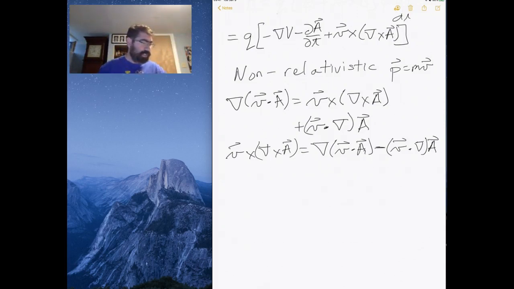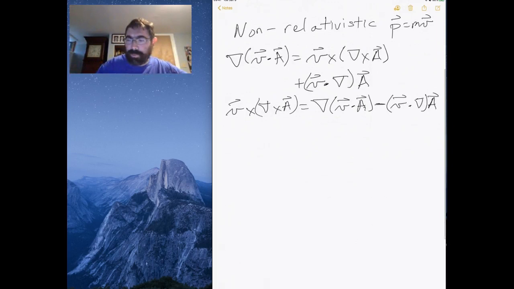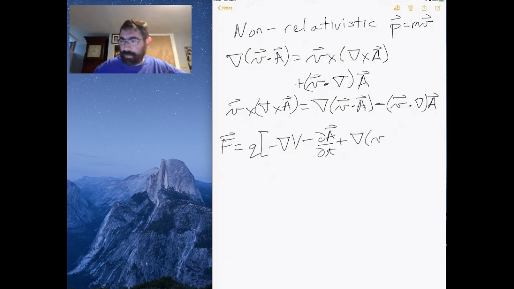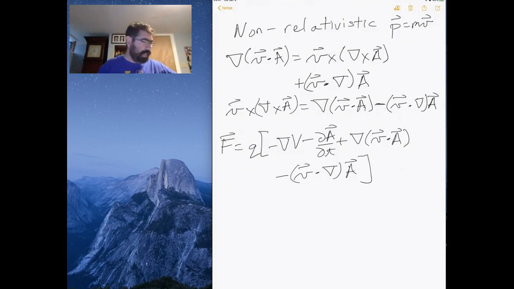Okay, so let's put that in. What we get for the force is Q times minus del V minus dA dt plus the rest of the stuff, like so. And let's pull all of the gradient stuff together.